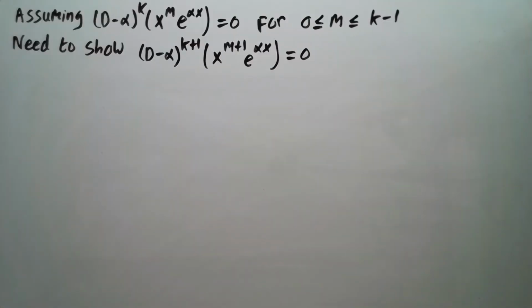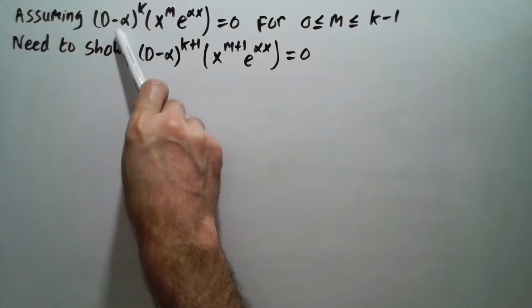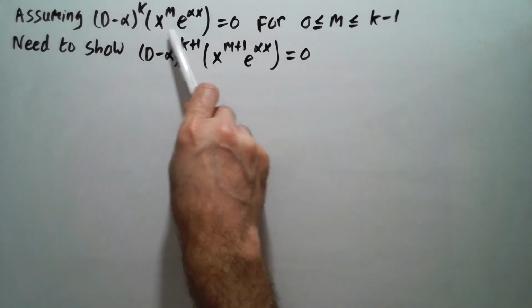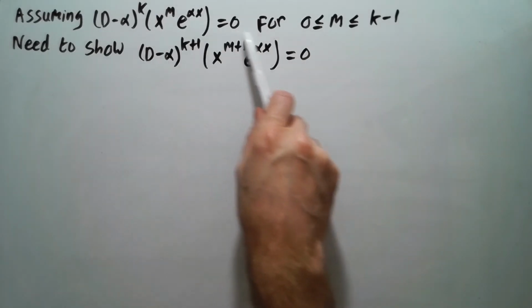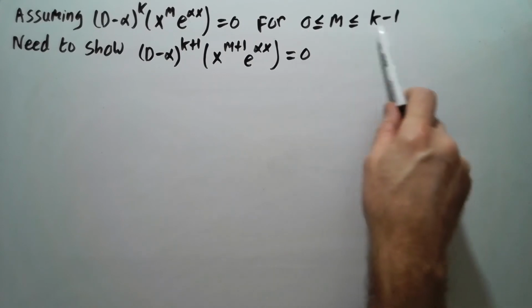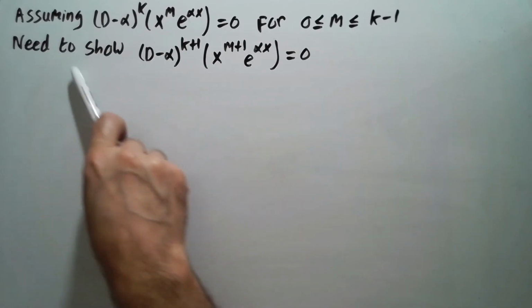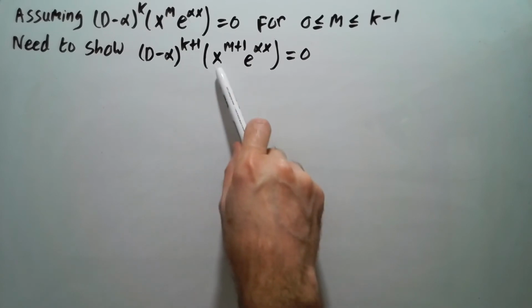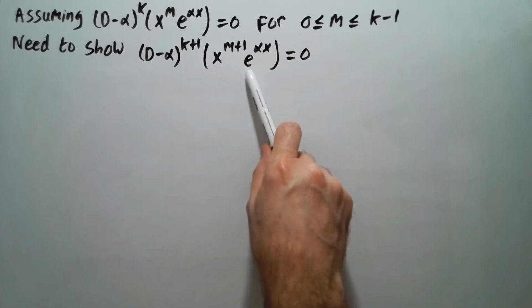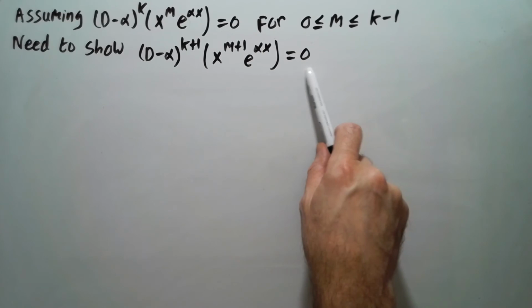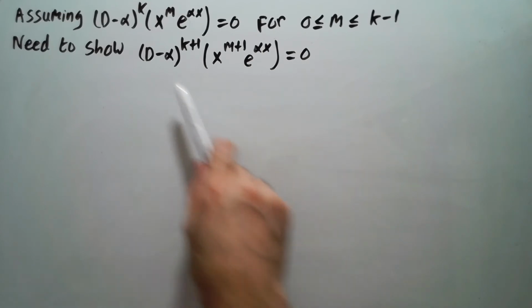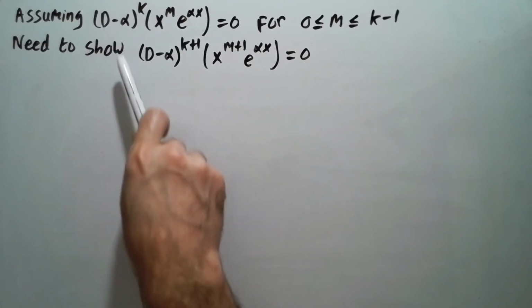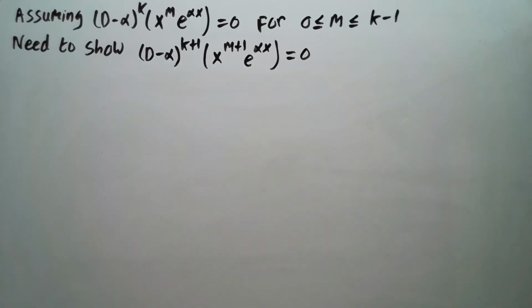Okay, so summarizing, we're assuming that d minus alpha to the k annihilates x to the m e to the alpha x, where m is between 0 and k minus 1. And we need to show the next one up, so therefore the k plus 1 guy annihilates x to the m plus 1 e to the alpha x, so equals 0. So assuming this here, we have to show this one.